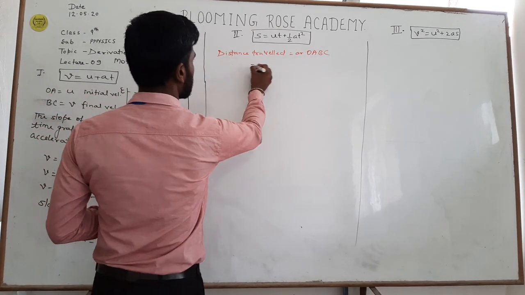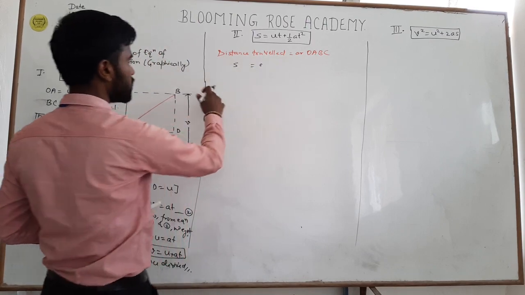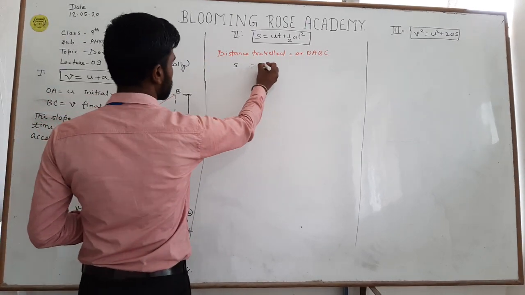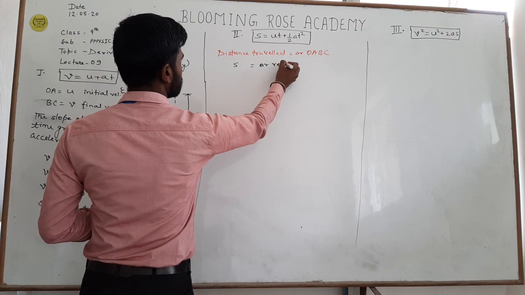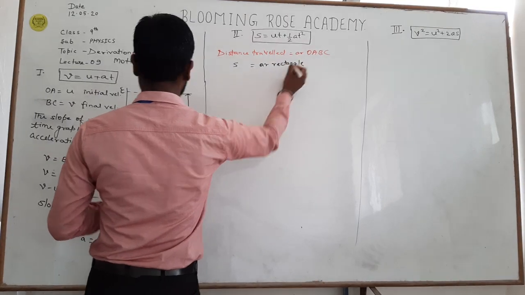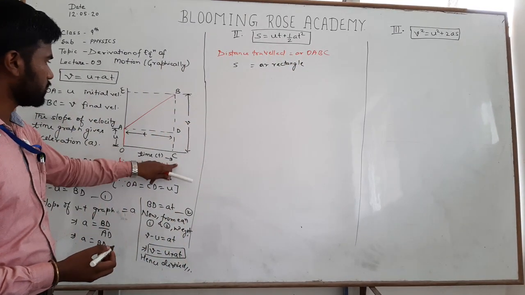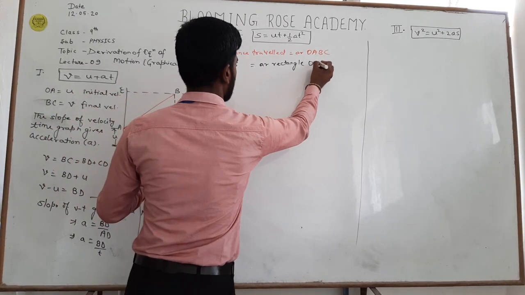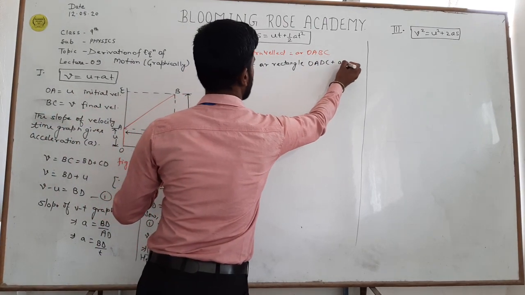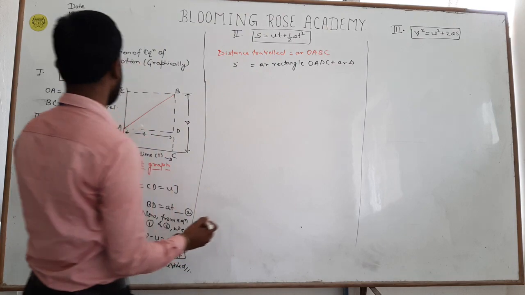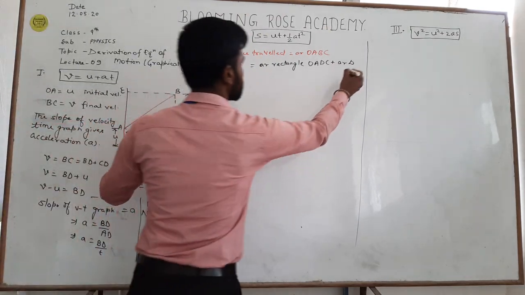So distance is equal to S, and it is equal to the area of rectangle OADC plus the area of triangle ABD.